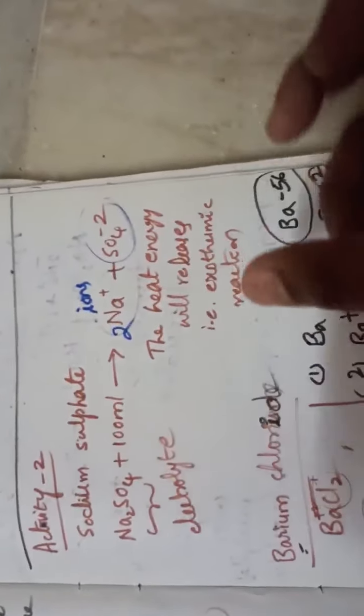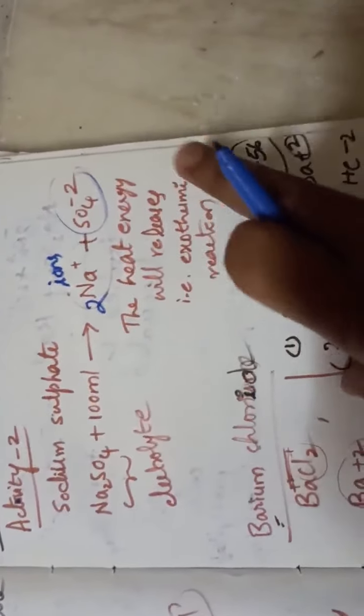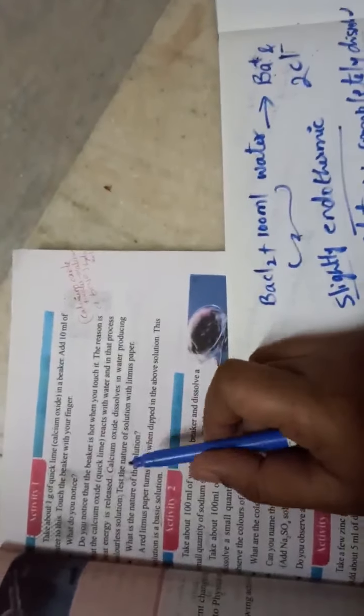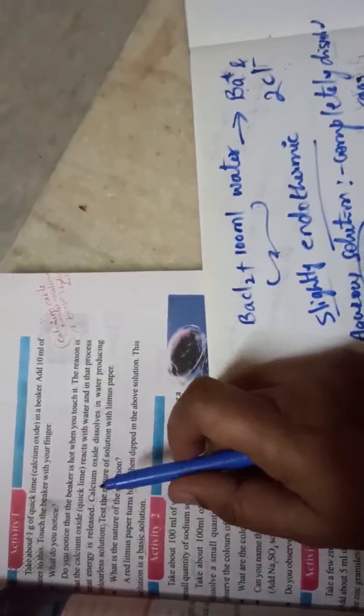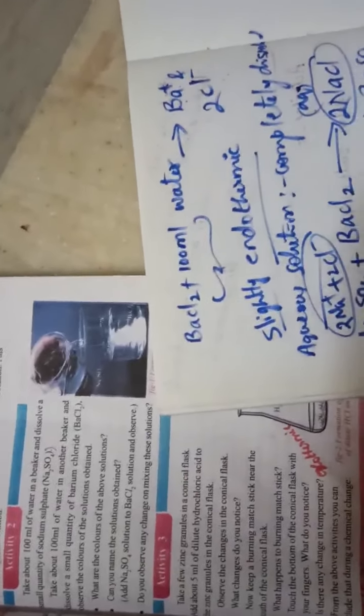And here this is barium chloride, slightly endothermic, which means heat energy is absorbed. And coming to Na2SO4 dissolved in water, with dissociation taking place, that is exothermic, heat energy is released. So like that we can observe the mixtures. From activity 1 we understood about acids and bases and exothermic and endothermic. From activity 2 we got information about aqueous solution and precipitate.